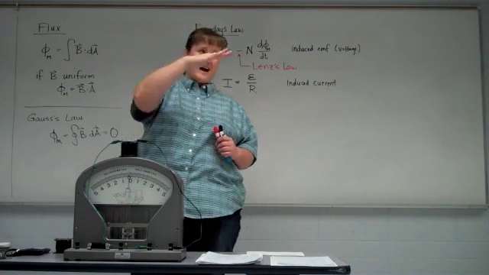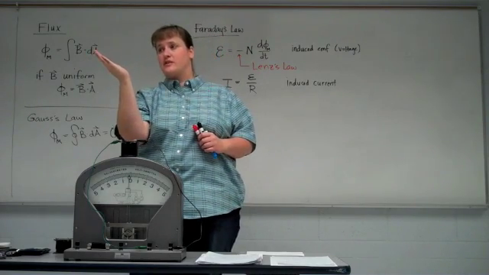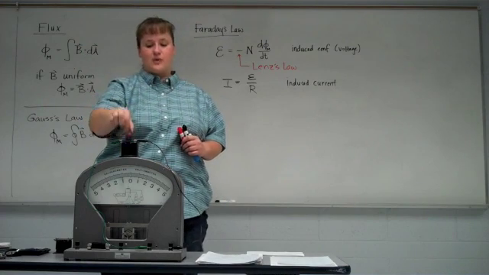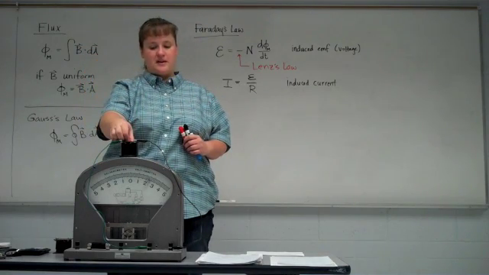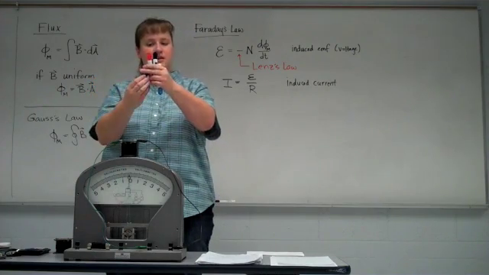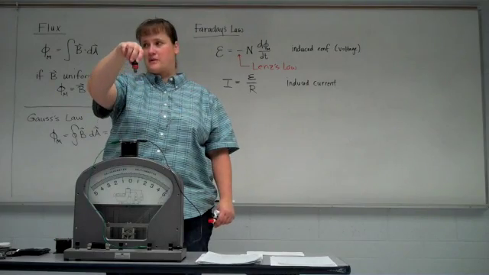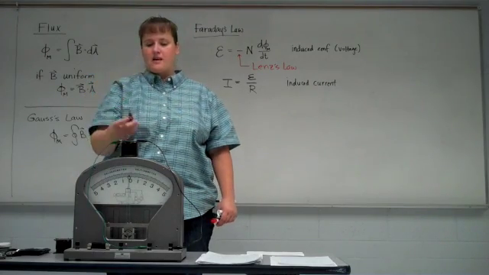The needle going that way means current's flowing one way, with the needle going the other way means current's flowing the other way. So current flows one way, depending upon whether I'm bringing the magnet in or taking it out. But also, if I turn my magnet over, it goes backwards from what it did before.